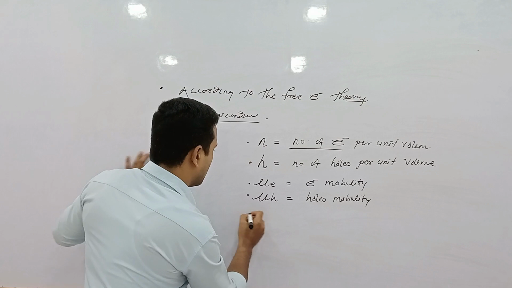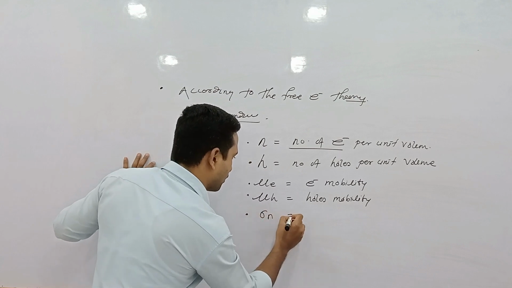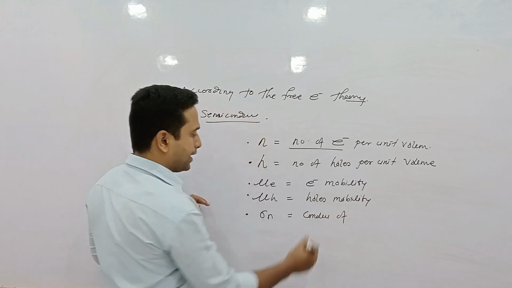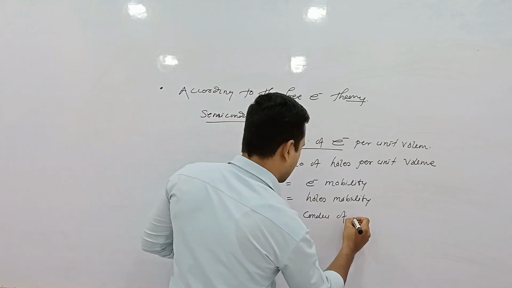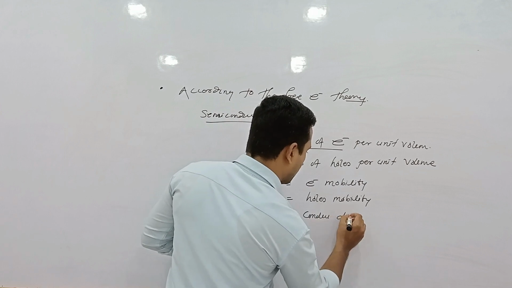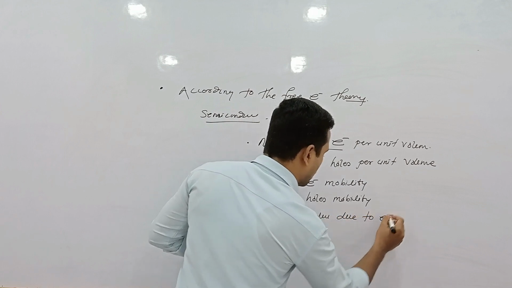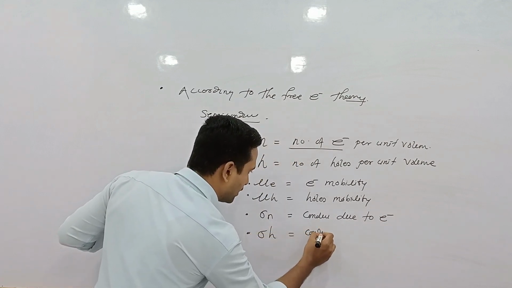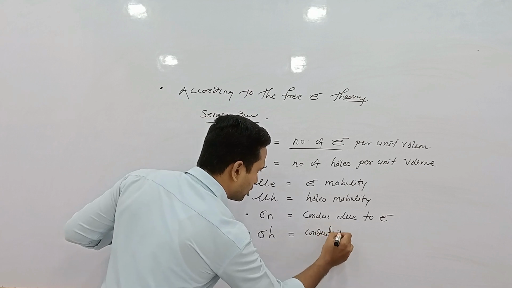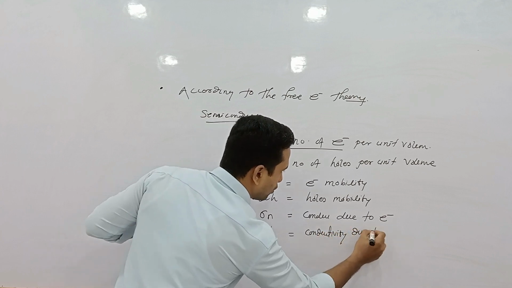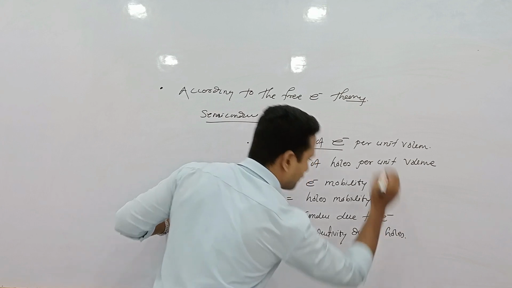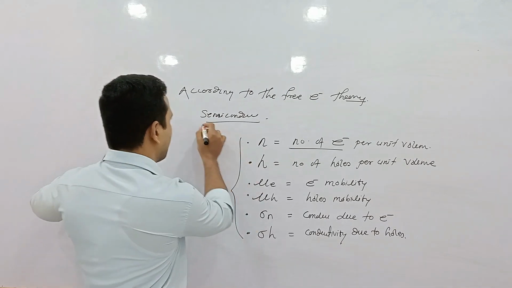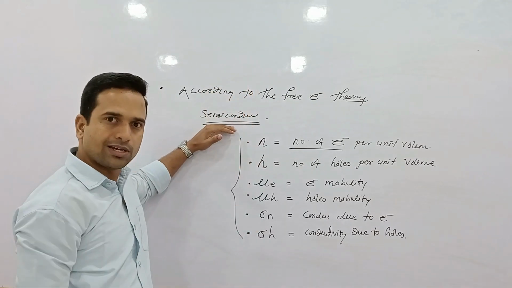And sigma n, conductivity due to electrons, and sigma h is conductivity due to holes. बराबर, ये पॉइंट्स ध्यान रखने हैं सेमीकंडक्टर की कंडक्टिविटी डिटरमाइन करने के लिए.